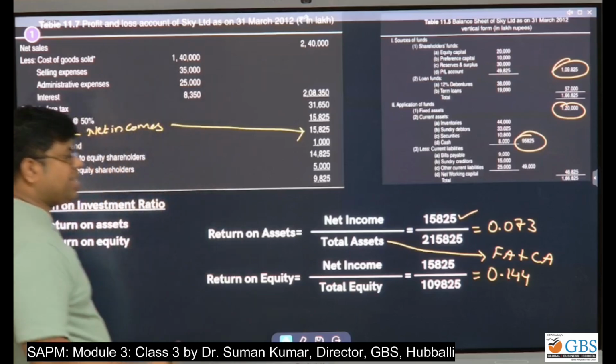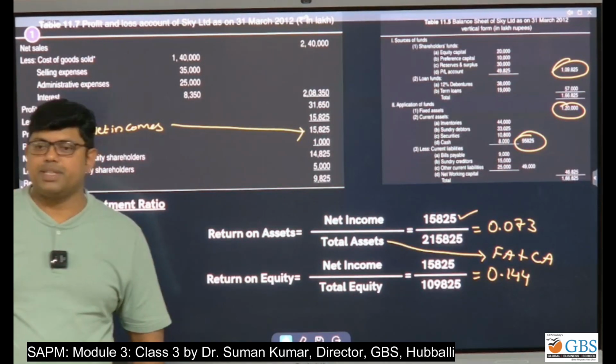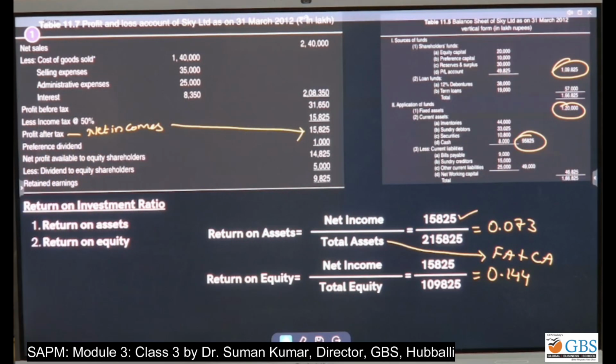You can multiply by 100 so that you can get the percentage if you want. Go through all the ratios once. The important thing is the formulas and how to find the values from the profit and loss account and balance sheet, and also the conclusion, how to write the conclusion.